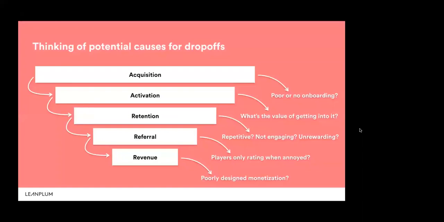Drop-offs, by that I mean people dropping out of this funnel and leaking out of your bucket. During the acquisition phase, you may just have acquired new users, but they may drop out almost directly because there's a poor onboarding or almost no onboarding before they can even be activated.